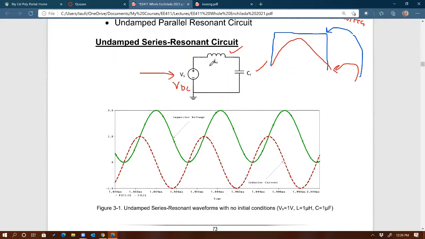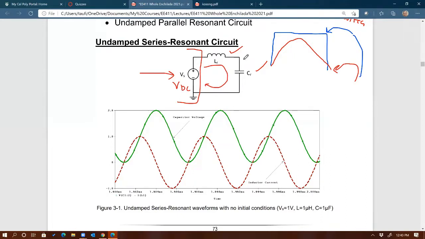When you analyze the circuit and derive the equations, you'll see that even though the input is DC, the current that you have in this circuit will be sinusoidal. How is that possible?